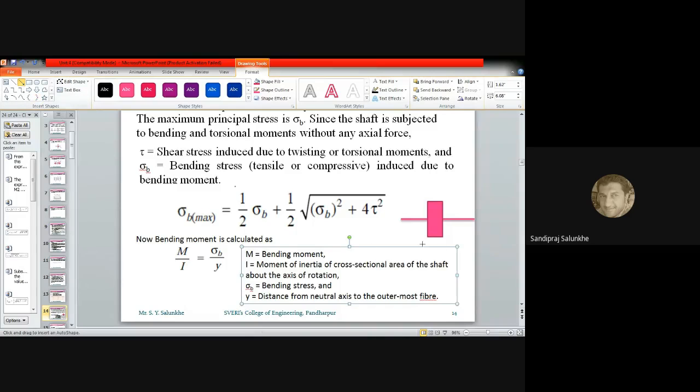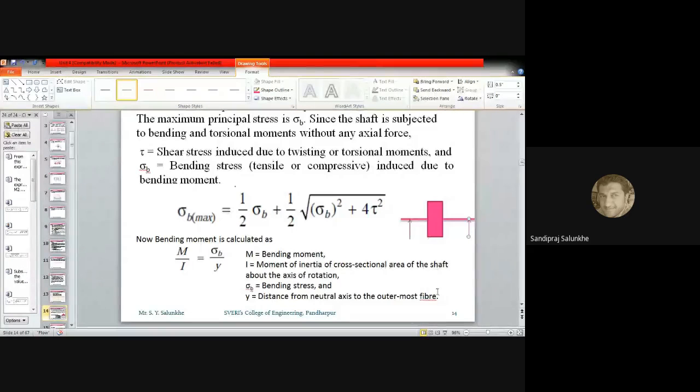Then in this case, we are going to provide bearings on both sides, which will sustain the load coming in the vertical as well as horizontal direction.